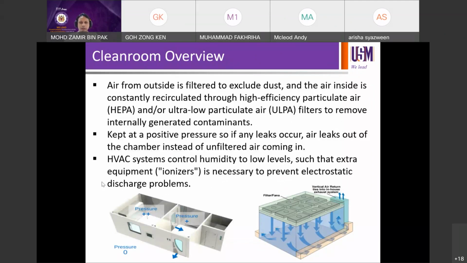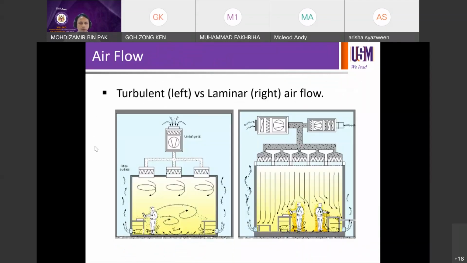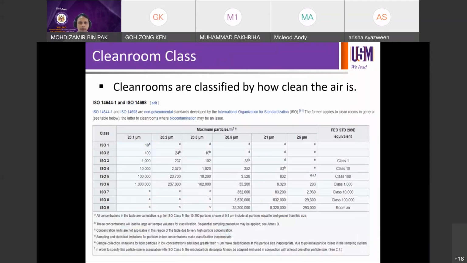And then in terms of the air filtration, the HEPA and ULPA filters that you can find on the ceiling of the cleanroom, and the exchange and circulation of air in laminar fashion in order to maintain the level of cleanliness in the cleanroom. Okay, so the turbulent versus laminar condition, the classes for cleanroom.